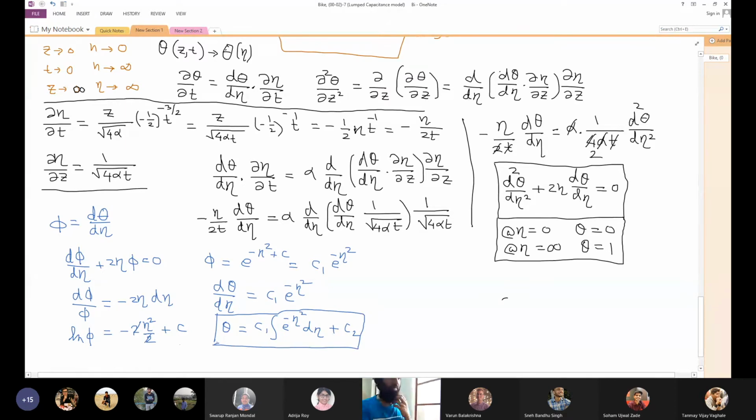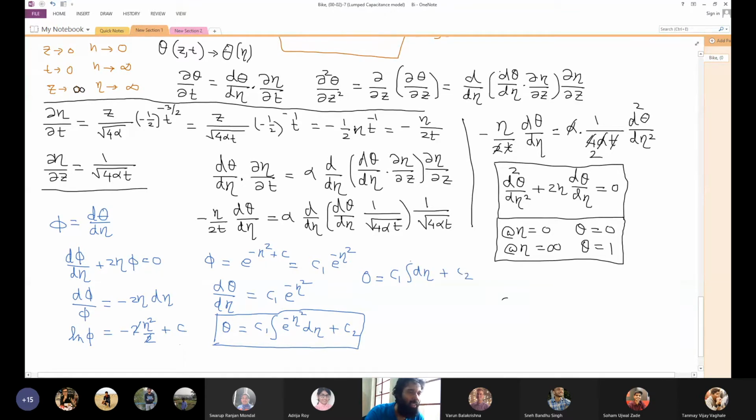Now the second thing is that we have to evaluate c1 and c2. So if we see at eta equals to 0, theta equals to 0. So 0 equals to c1 d eta plus c2.